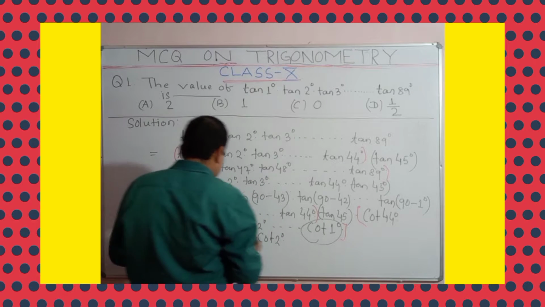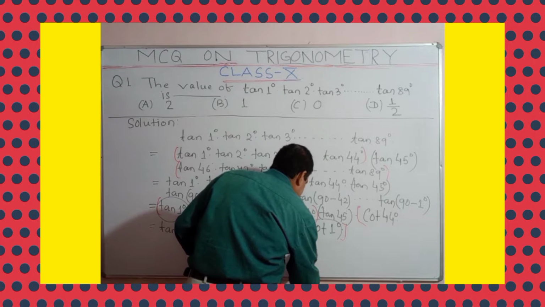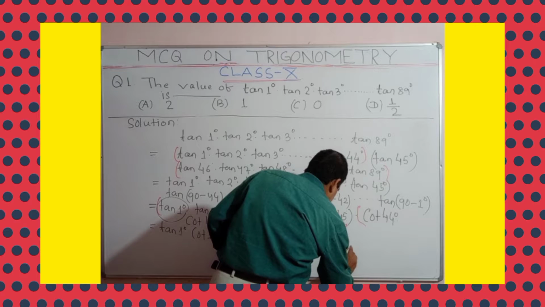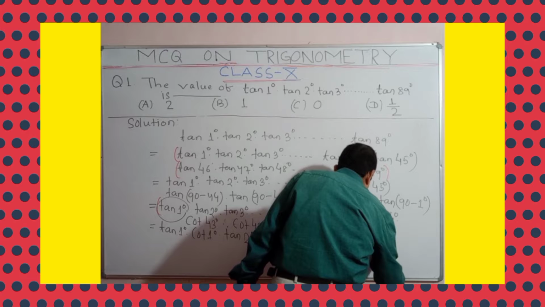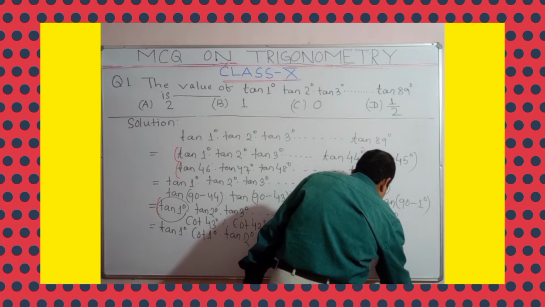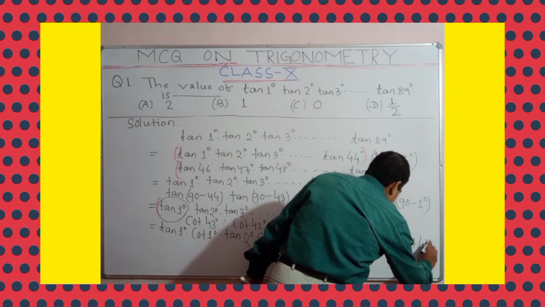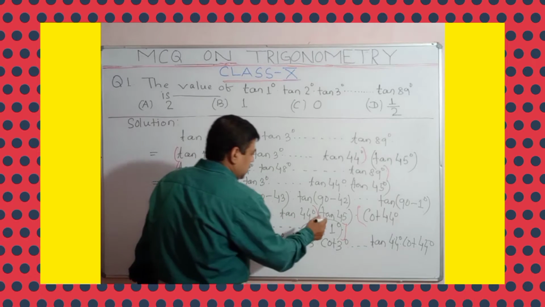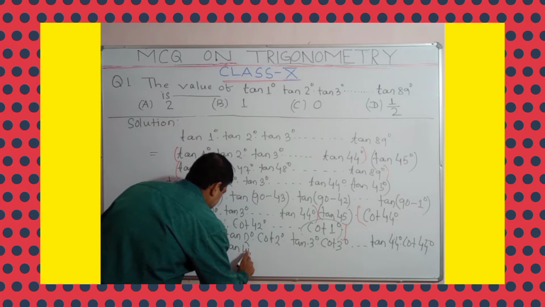Similarly, tan 3 degree into cot 3 degree. We can continue in a similar fashion up to tan 44 degree into cot 44 degree, and finally into tan 45 degree. Is it clear to all of you now?